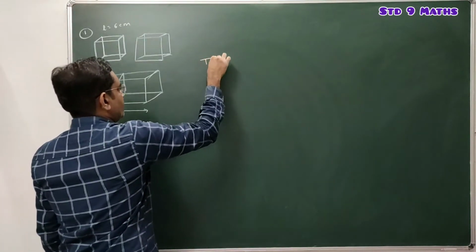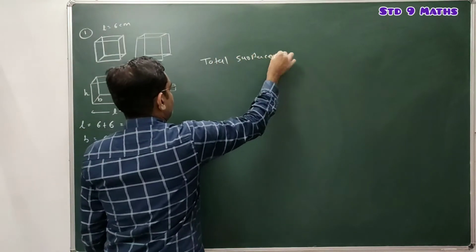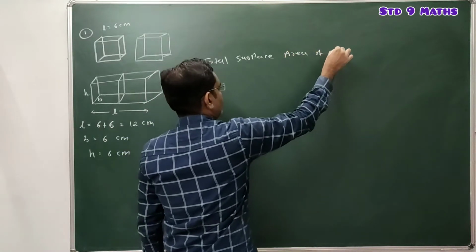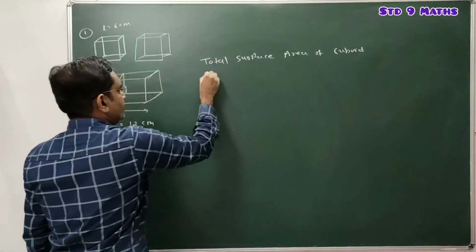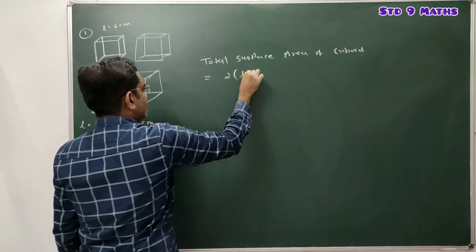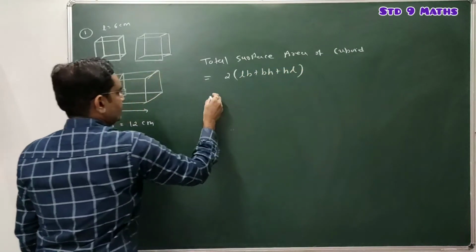So the total surface area of this cuboid. What is the total surface area of a cuboid? The formula is twice of LB plus BH plus HL.